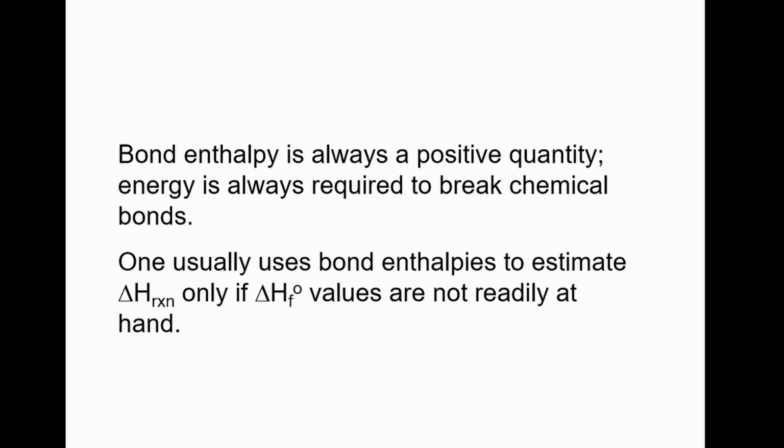Now, why are bond enthalpies talked about or exciting for us? What it says here, one usually uses bond enthalpies to estimate a change in enthalpy of a reaction only if those standard heats of formation are not readily at hand.